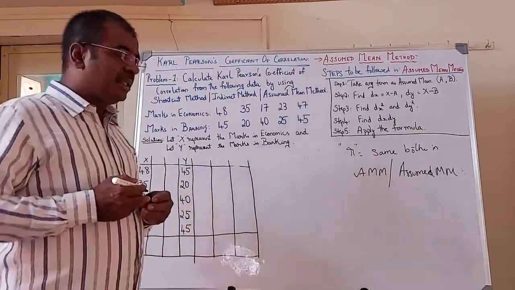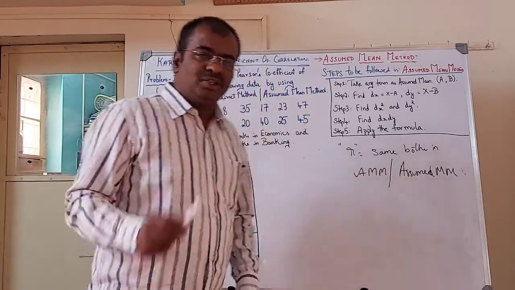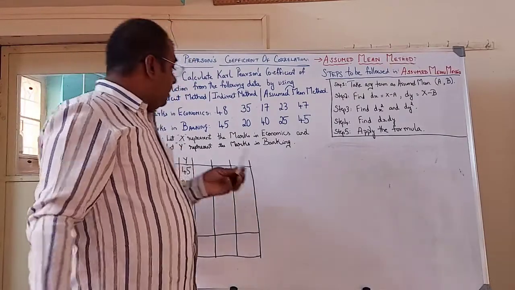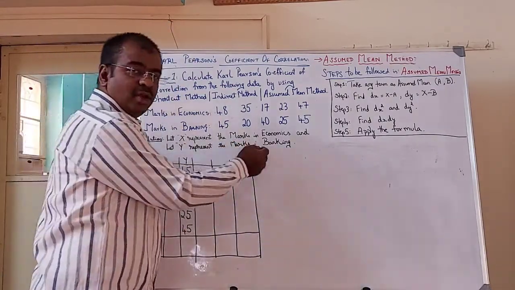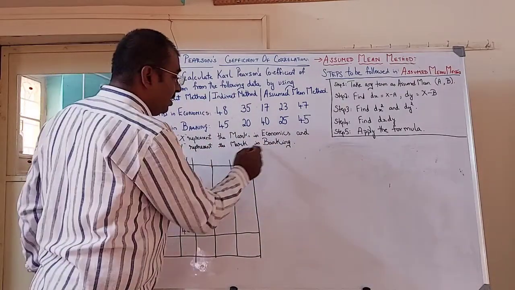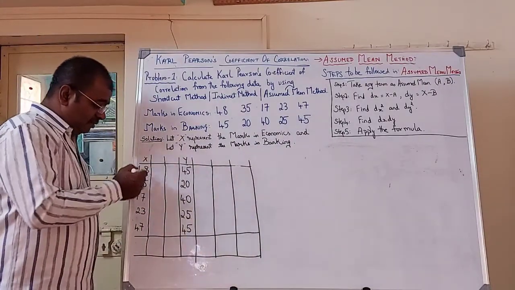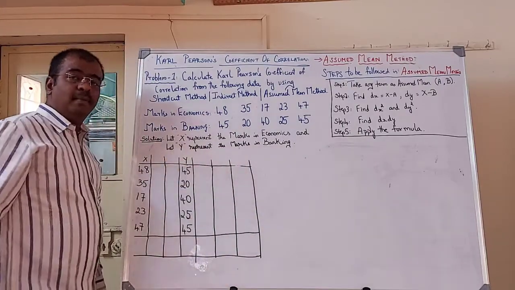Whether it is actual mean method or assumed mean method, the final answer, that is correlation, has to be the same. So now, let X represent the marks secured in economics and let Y represent the marks in banking. Therefore, I have jotted down the values of X and values of Y.